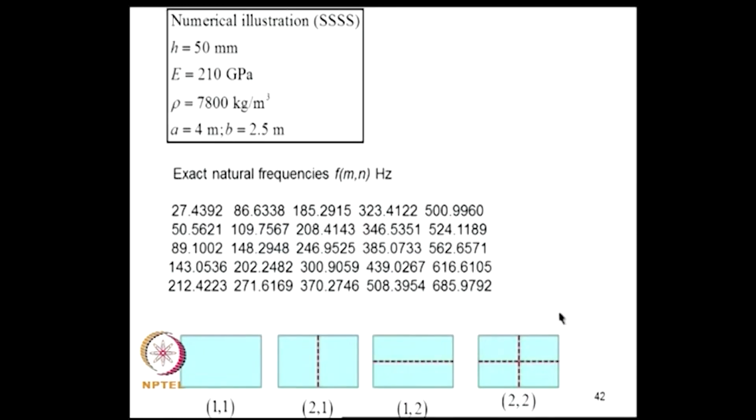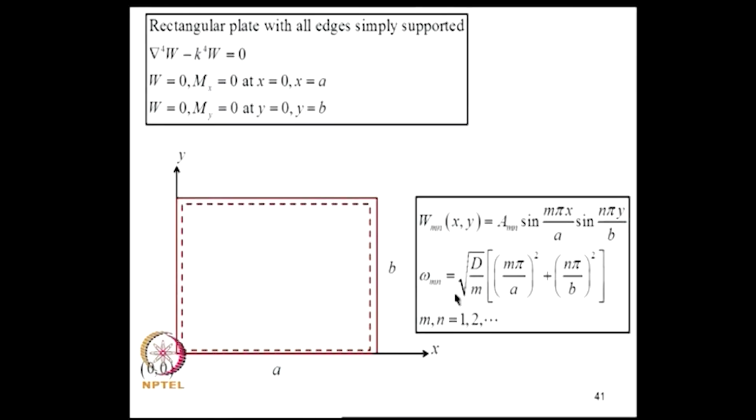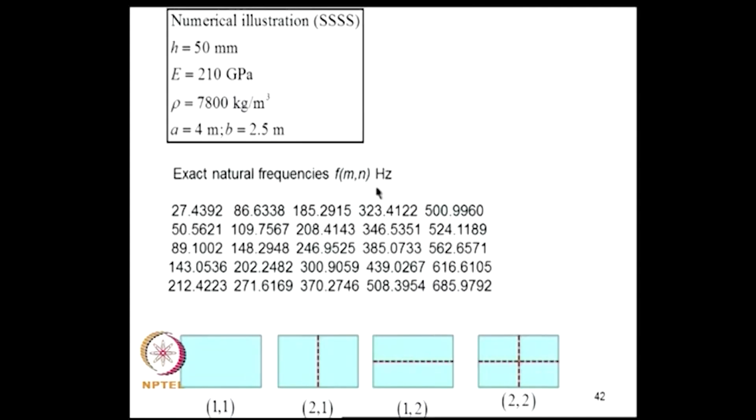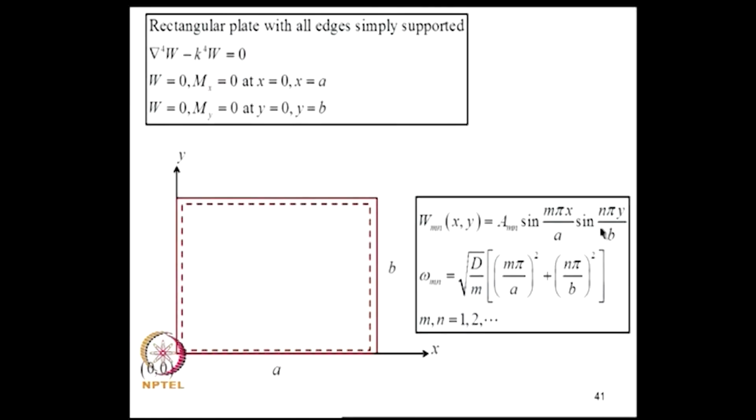For the sake of numerical illustration, we will consider a 50 mm thick steel plate which is 4 meter by 2.5 meter, and the exact natural frequencies computed as per this formula are given here in hertz, and these are the depiction of mode shapes. The dotted line indicates lines along which the mode shapes will be 0. So, here there will be no 0 in the 1-1 mode, in the 2-1 mode there will be a 0 in this way, 1-2 mode like this, and so on. These are obtained from this exact expression for the eigenfunction.